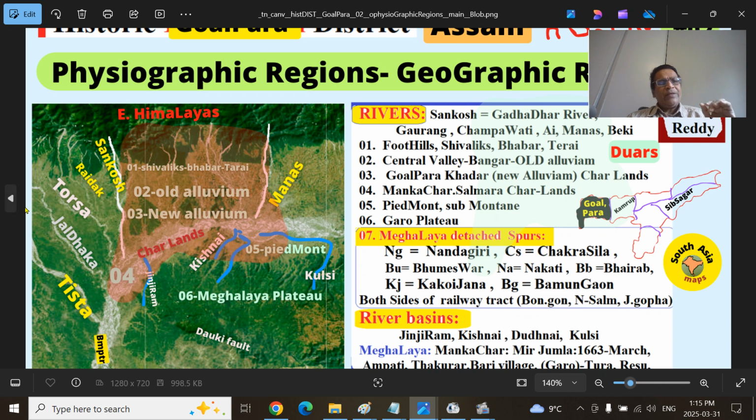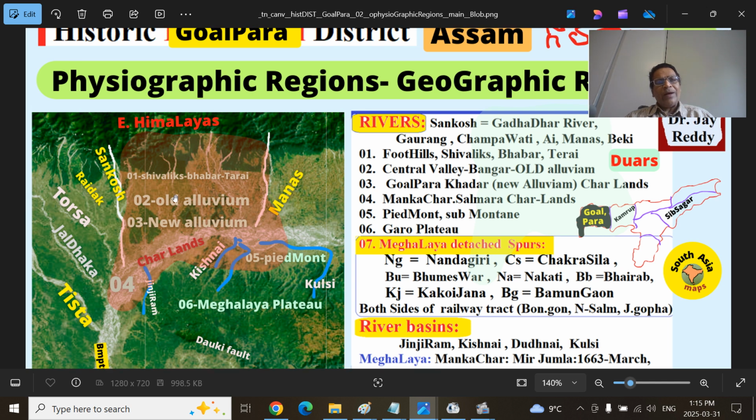This is the Jaldaka River. Torsa River, we can remember the historic princely state Koch Bihar headquarters. Koch Bihar lies on the Torsa River and Raidak River and Sankosh River. Here is the boundary between West Bengal, Paschim Bengal, and GoalPara district, the historic GoalPara district of Assam region.